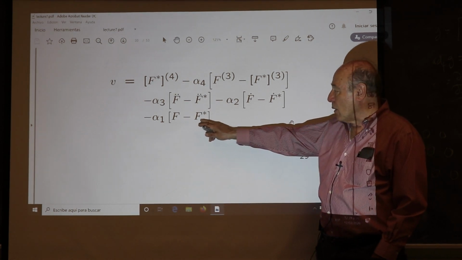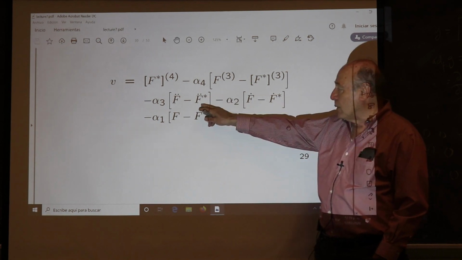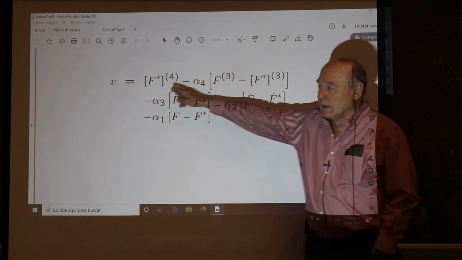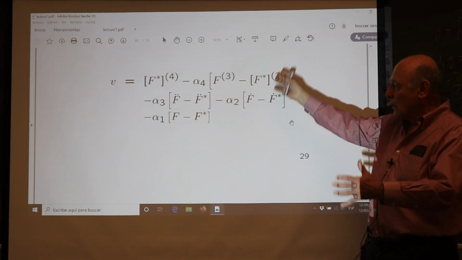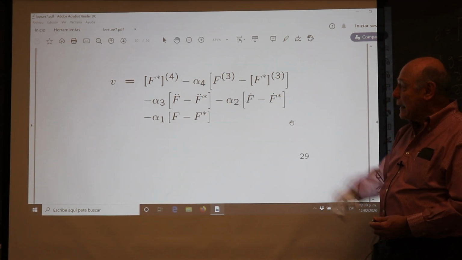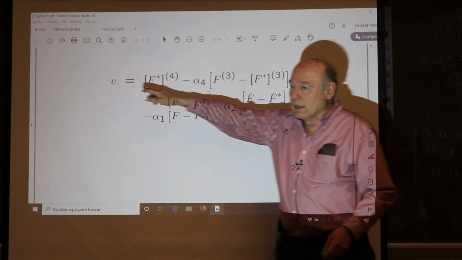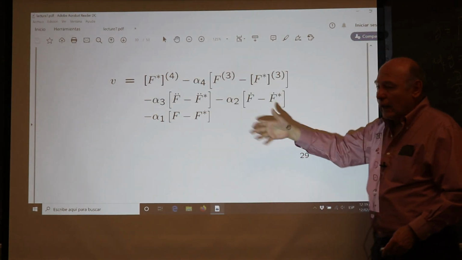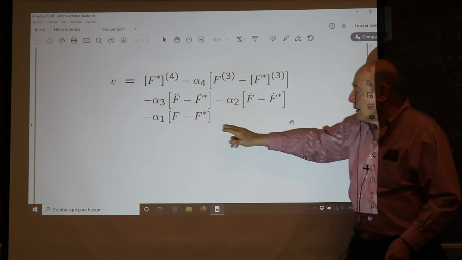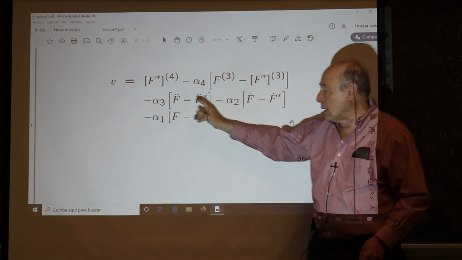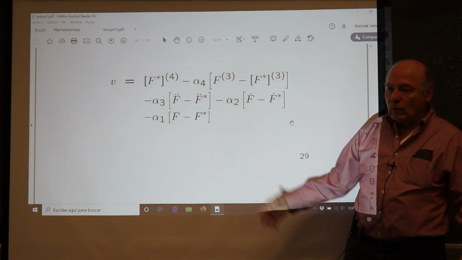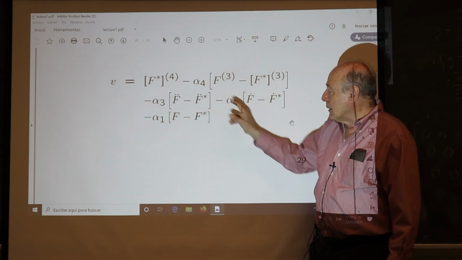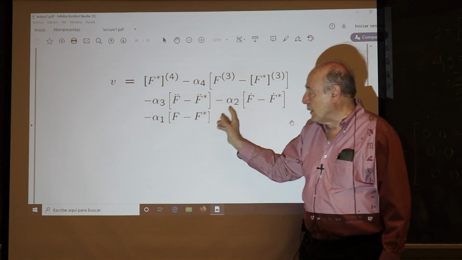And because you know F star, you know F dot star, F double dot star, F3 star, and the precompensation. So if you want to deal with all these things, you can propose this linear controller for the auxiliary variable V in terms of F and its time derivative. So the tracking error, the velocity tracking error, acceleration tracking error, the jerk tracking error will be stabilized by suitable design constants alpha 4, 3, 2, and 1.